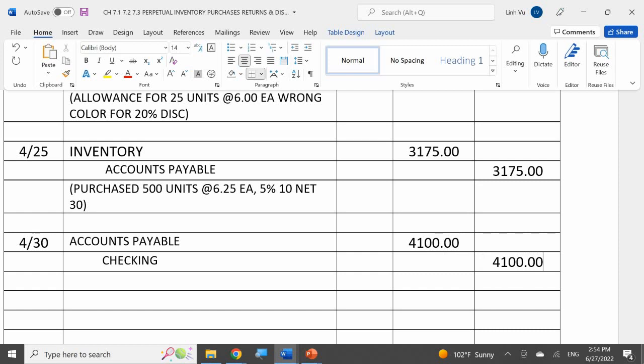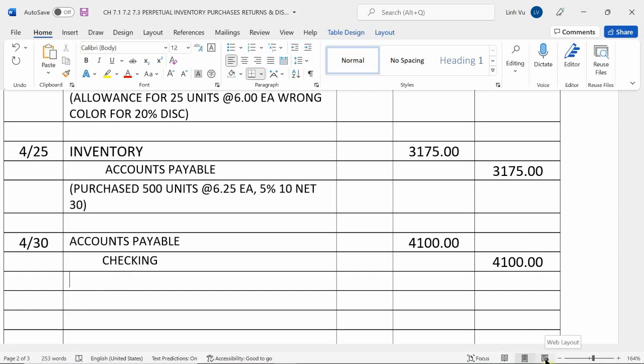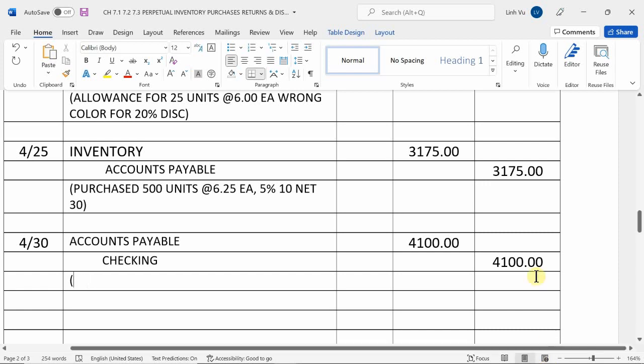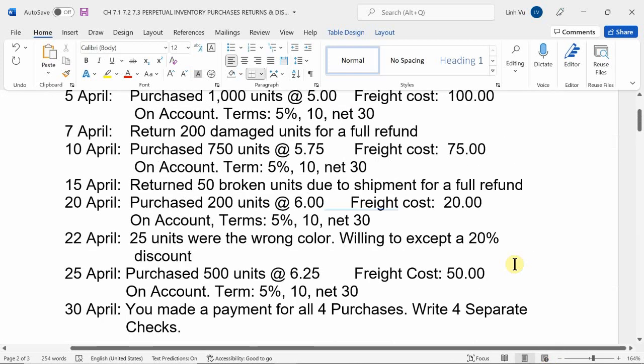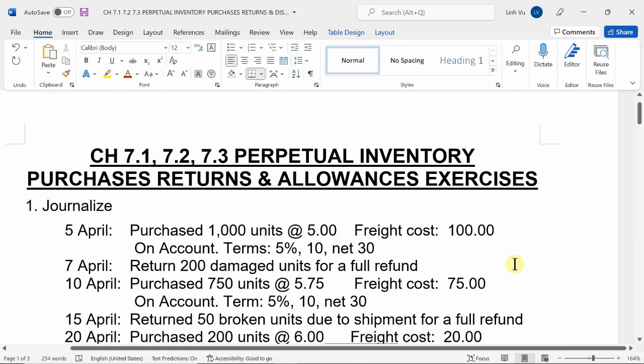We originally purchased 5,100. We returned 1,000. So that means I only owe $4,100. And did I specify who I made a payment to?